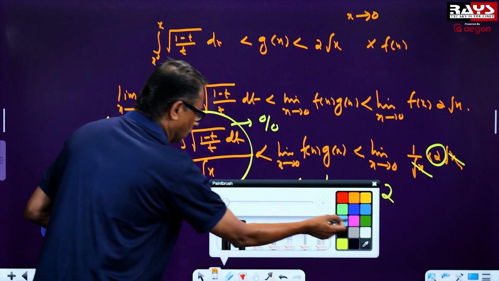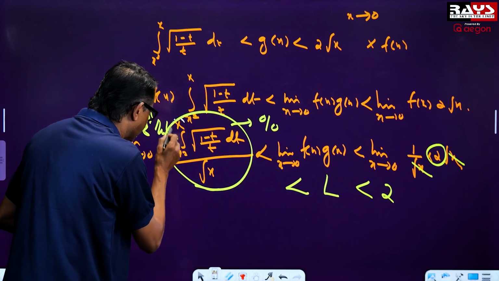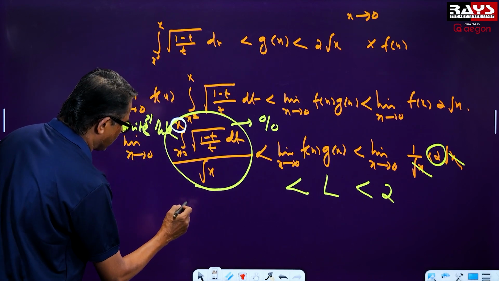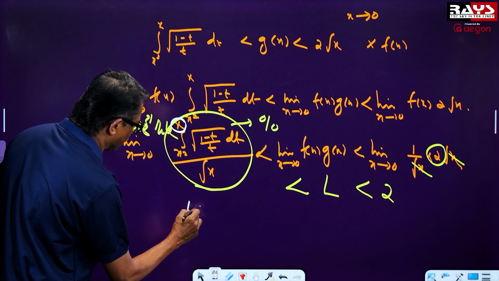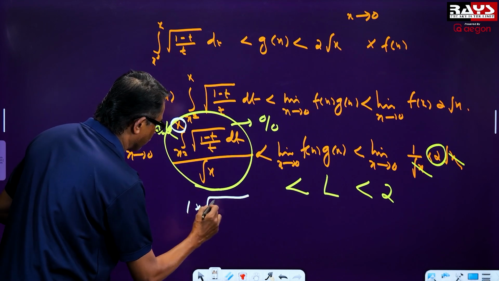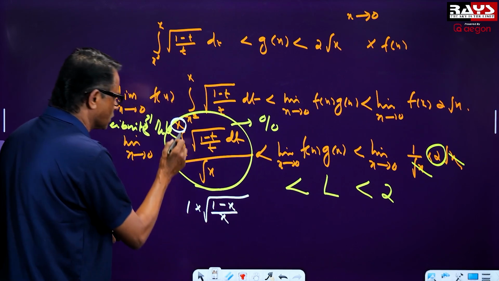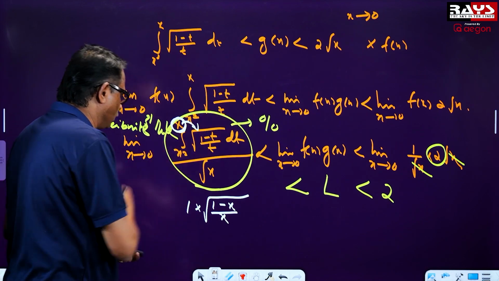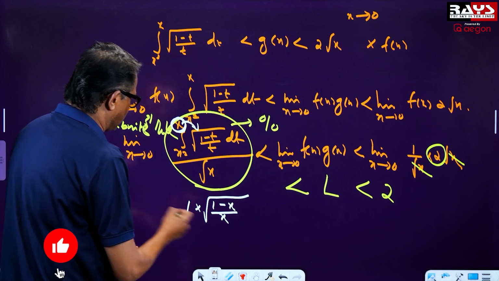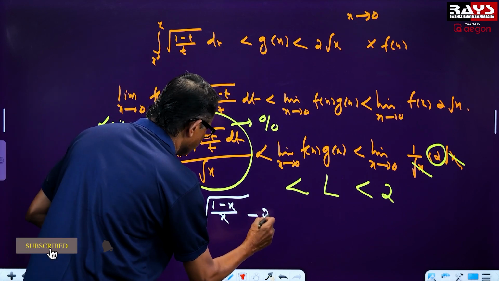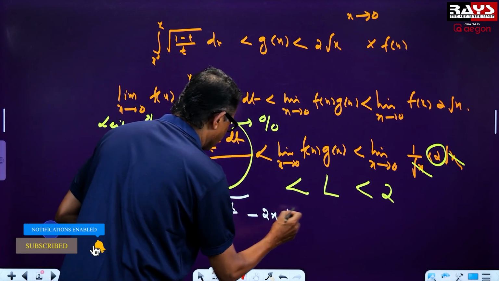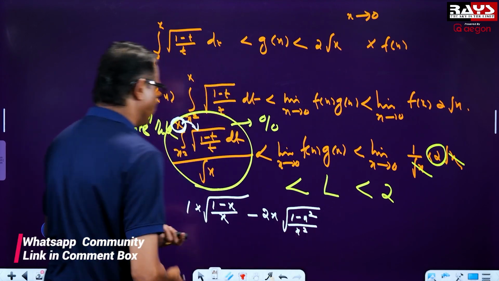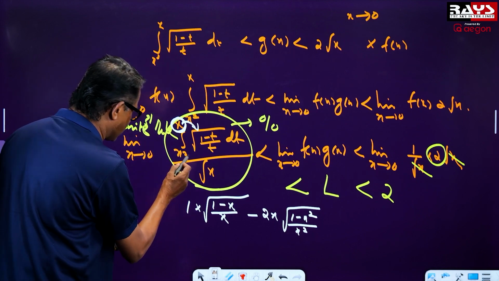See, the limit of: the derivative of x square, derivative of x is 1, into root of 1 minus x by x, because we differentiate this x and put x into the function, minus 2x into root of 1 minus x square by x square.